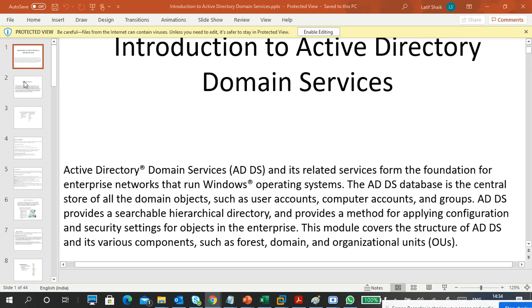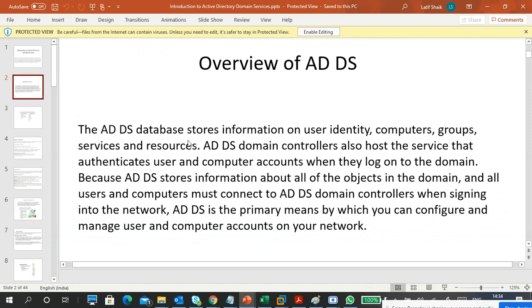Okay, but there are two parts of the definition that you have to compulsorily note down. So what is the Active Directory database? It stores information on user identity, computers, groups, services, and resources. The ADDS domain controller also hosts a service that authenticates users and computer accounts when they log on to the domain.